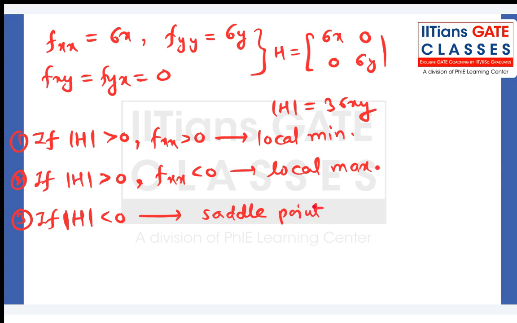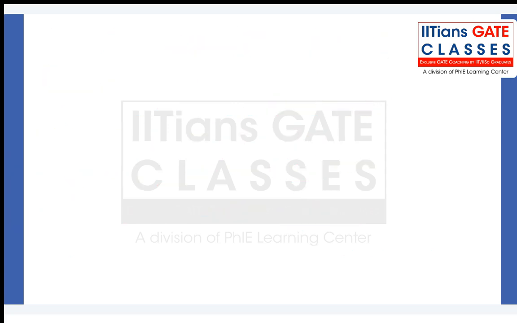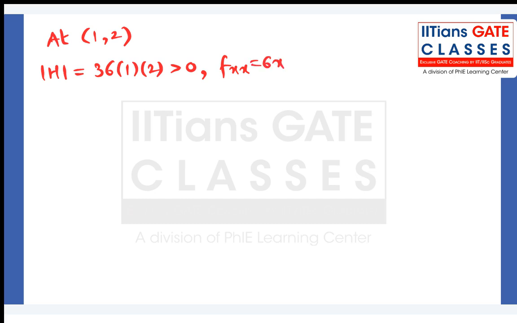So let's take the first critical point, which is (1, 2). At (1, 2), what is the determinant of the Hessian matrix? 36 into 1 into 2, so that is 72. It is greater than 0. f_xx is 6x, that is just 6 here, so it is greater than 0.